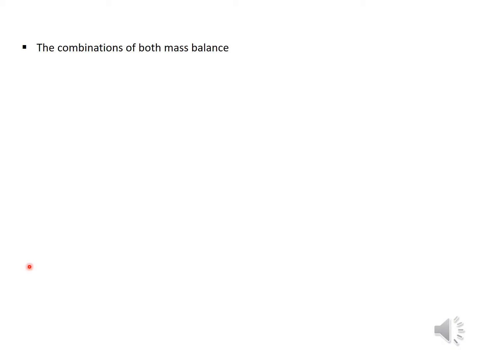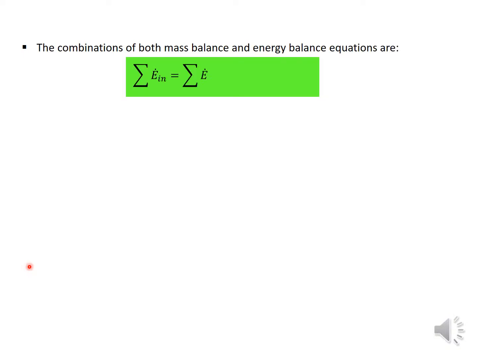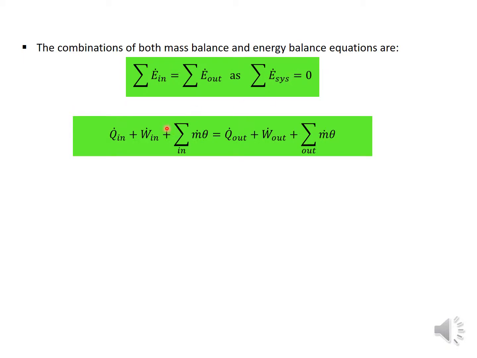The combination of both the mass balance and energy balance equations: we already know that Q dot in and Q dot out will be cancelled out because the mixing chamber is adiabatic.